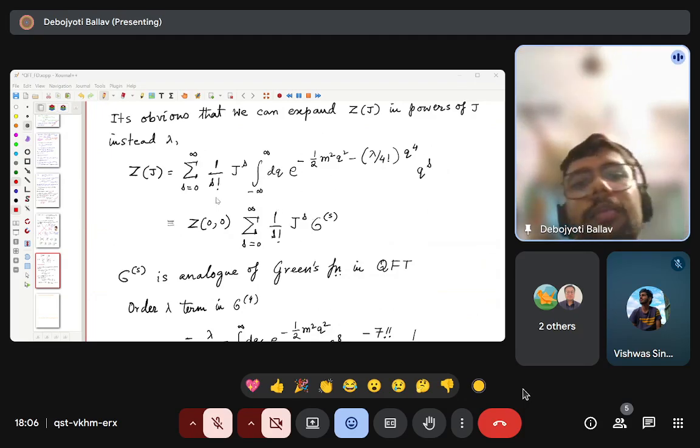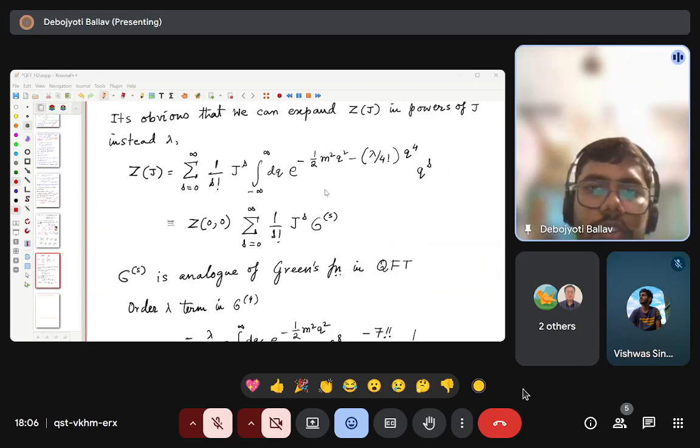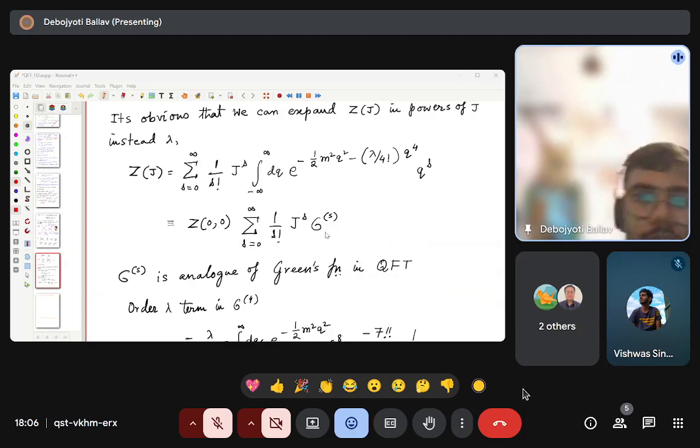So if you expand in terms of the power series of j, you will end up with this, which is like an integral over q to the 4 with a q to the s. Now this in field theory is analogous to what is called the Green's function or the correlation function. So that's why this Z of j is called the generating function of your correlations or Green's functions. So these are actually the observables you compute in quantum field theory.